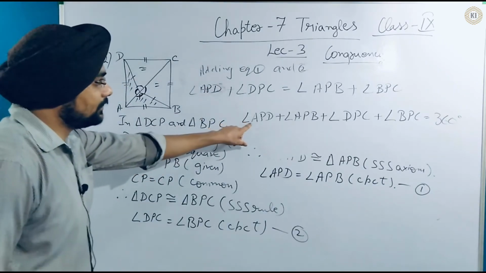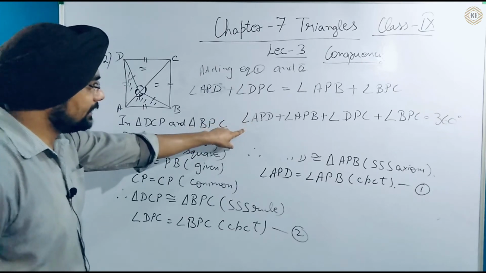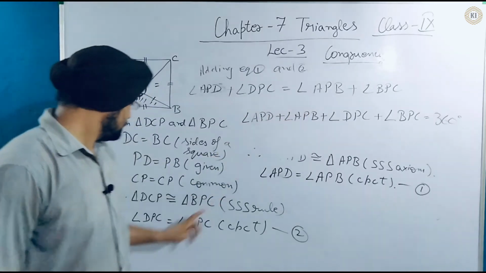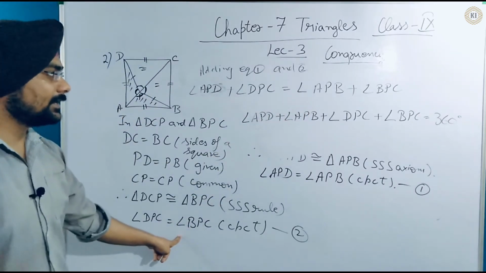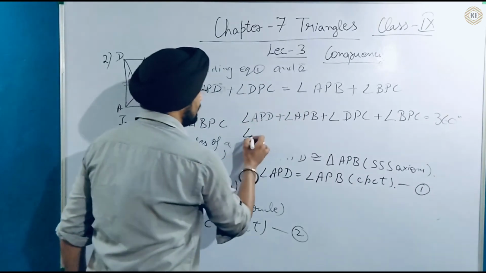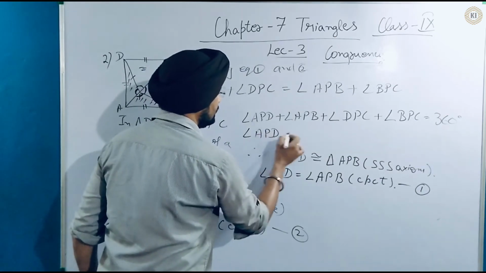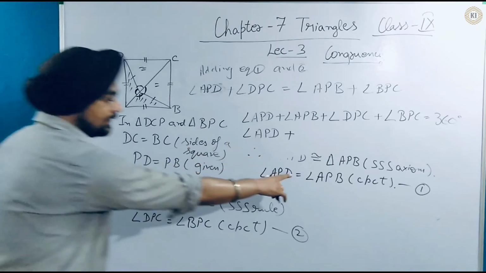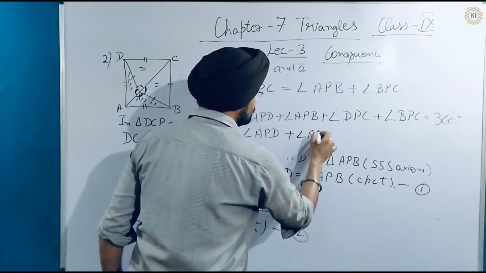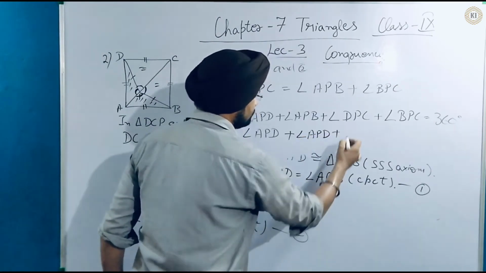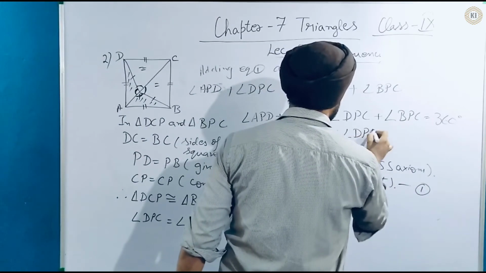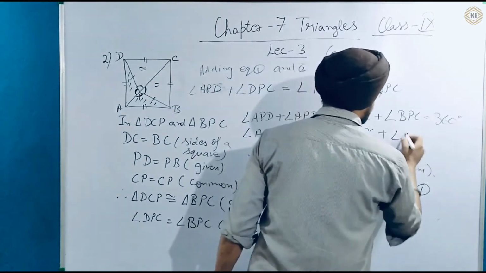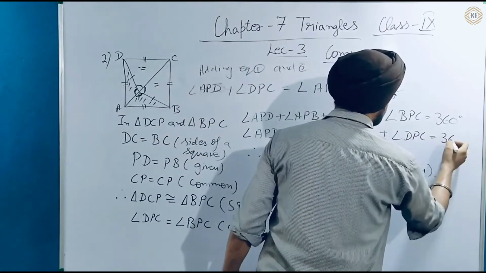But one more thing you can see, that angle APD will be equal to angle APB and angle DPC will be equal to angle BPC. So we can write angle APD plus, in place of APB, again we can write APD because both are equal, plus angle DPC plus, in place of BPC, DPC, will be equal to 360.